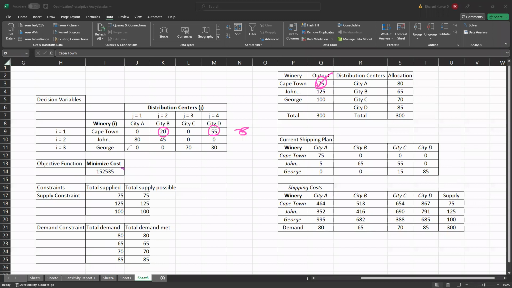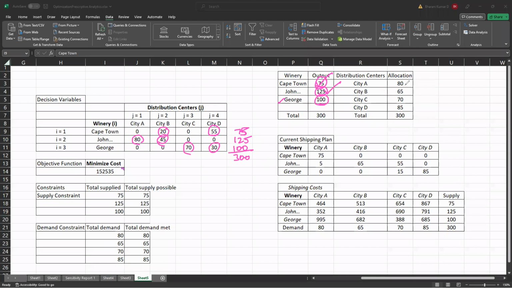Then you're going to Johannesburg. You're saying, okay, 125 is there. Transport to city A and B. So entire 125 is used. Wonderful. Then you go to George. You have 100. So you transport it to city C and D. 100. Job done. Everything is utilized? Yes, everything is utilized. So entire 300 is utilized.